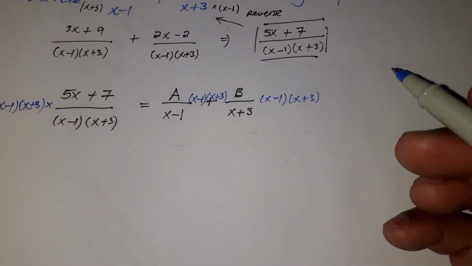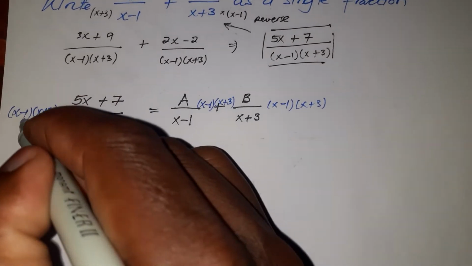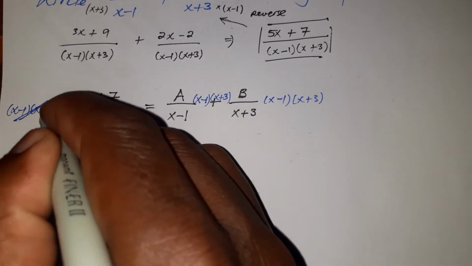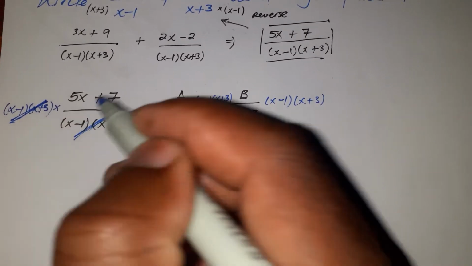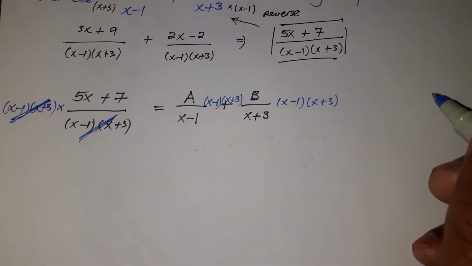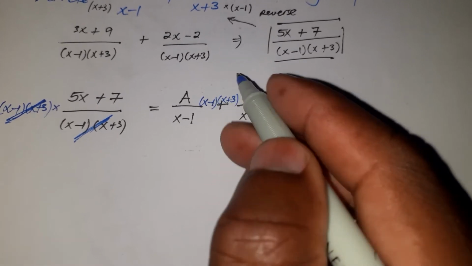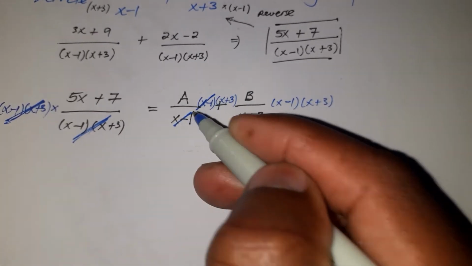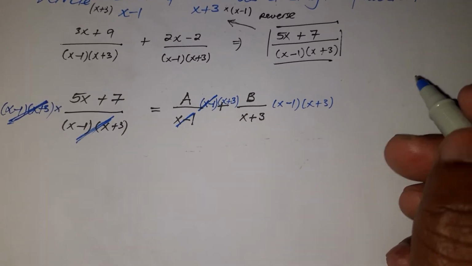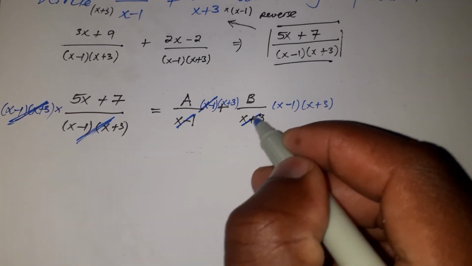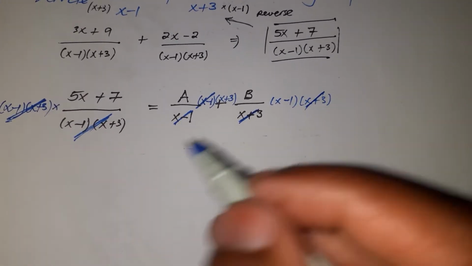Now what you can see here is that this side will cancel with this denominator. And we have x minus 1, that will also cancel with that. And here, this x plus 3 will cancel with that.